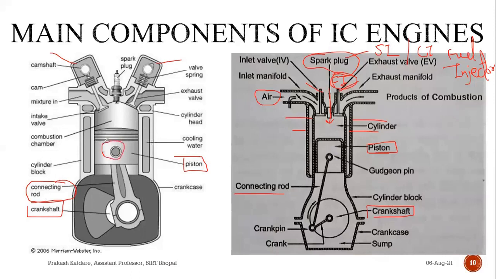The end which is connected to the piston is known as the small end, and the one which is connected to the crankshaft is known as the big end. The small end is connected to the piston, and the bigger end is connected to the crankshaft.